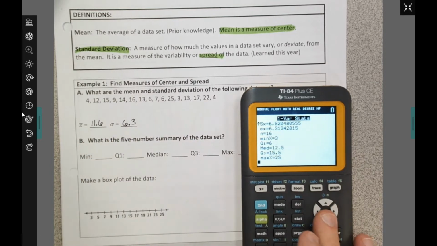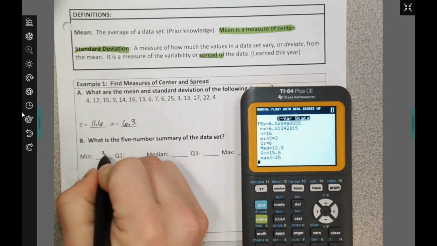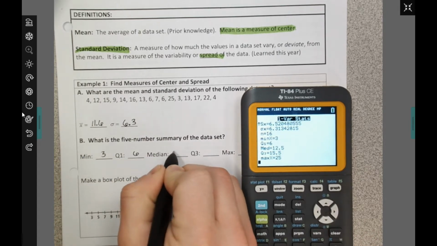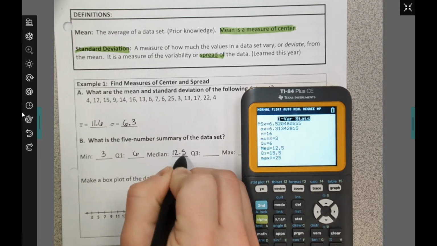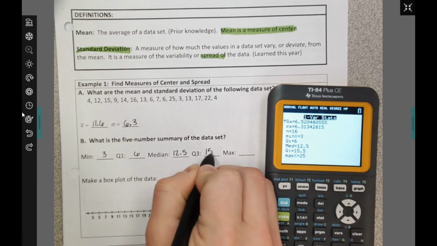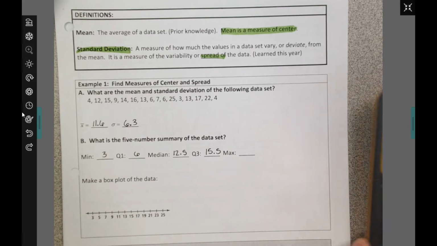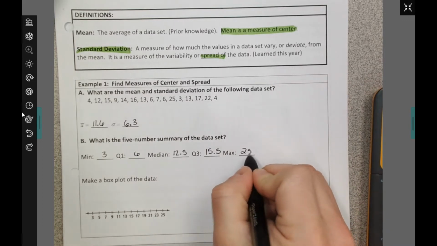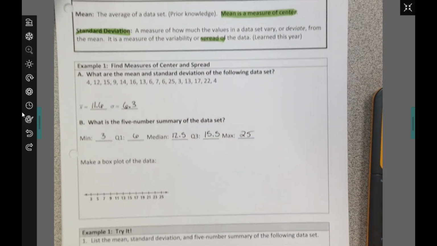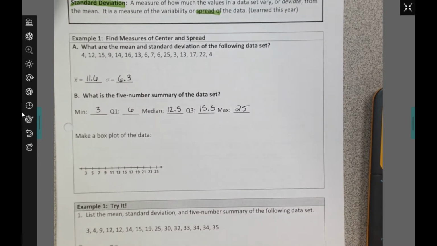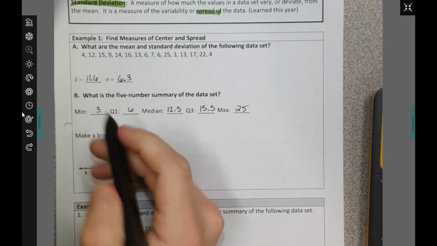I want the 5-number summary. So our min would be 3, Q1 is 6, median is 12.5, Q3 is 15.5, and then our max would be 25. Last thing they're asking you on example 1 is make a box plot of the data. Remember, you do that using your 5-number summary.